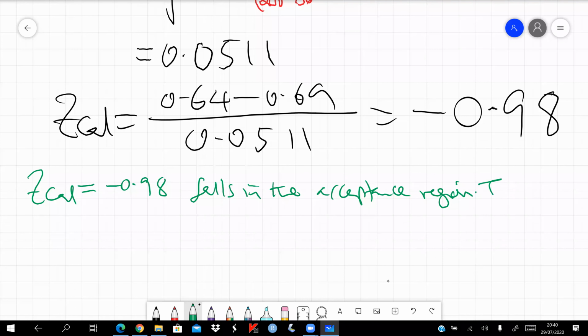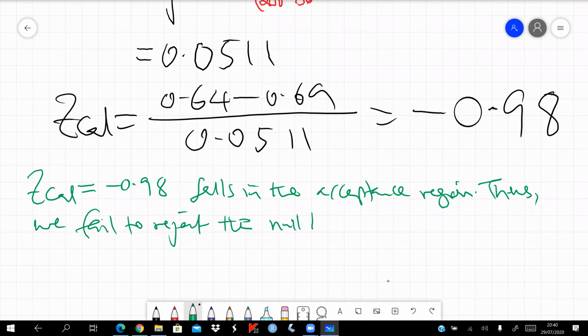That means we fail to reject the null hypothesis at the 5% level of significance.